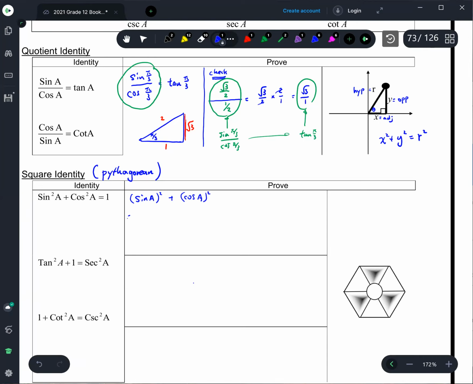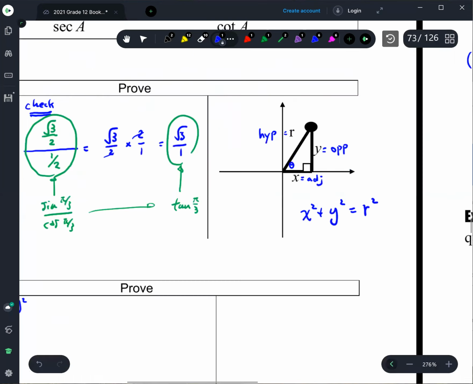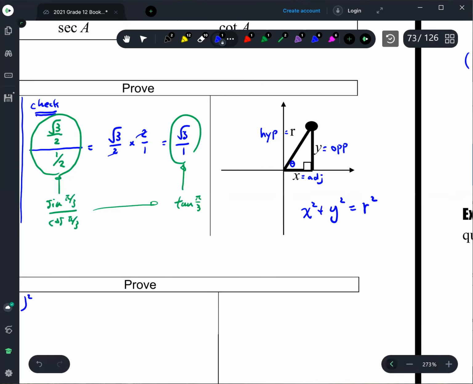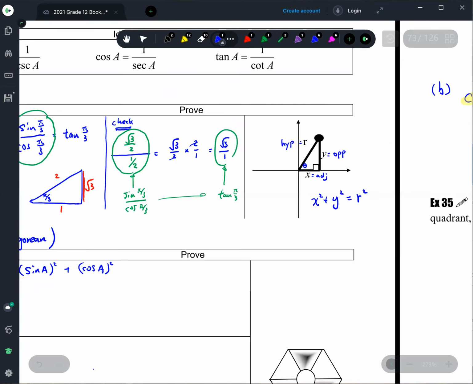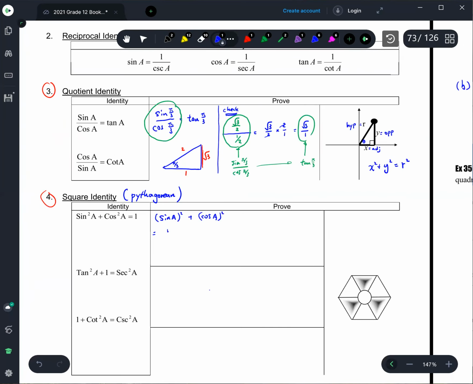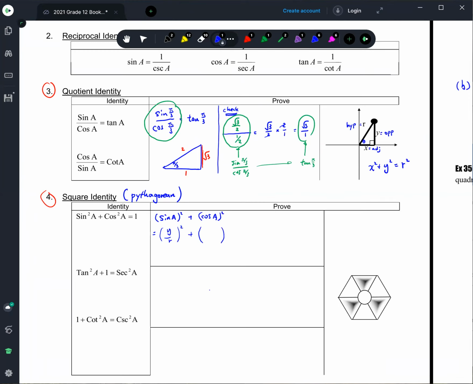How is that possible? Let's go over the steps. Sine of A is opposite over hypotenuse, so from the picture it will be Y over R, squared. What about cosine? Cosine is what over what, Nick?